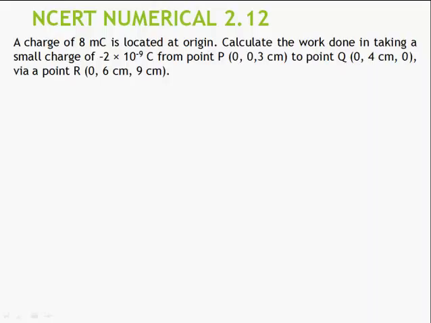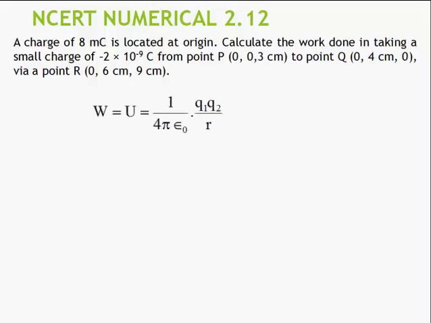That means you have taken the charge from P to Q, your R point is irrelevant. And secondly, the change in energy is equal to work done. So we'll try to find the energy at point P, considering one charge at over there, other at origin. Similarly at Q, and we'll find the difference between them.